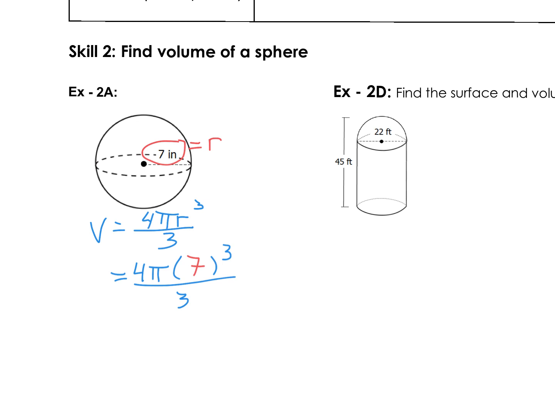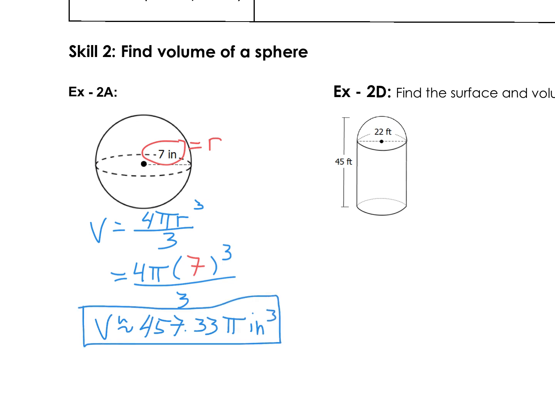And then I'm going to divide by 3, which is a decimal that's going to need to be rounded. So my volume is going to be approximately 457.33 pi, and then it's inches cubed, because remember volume is to the third.